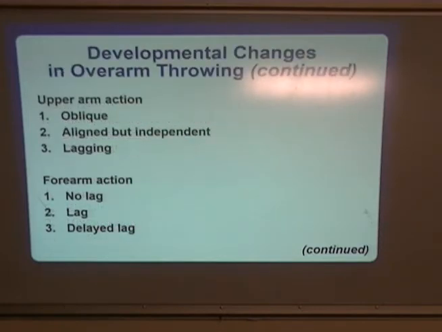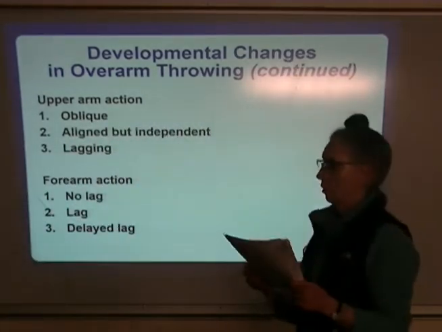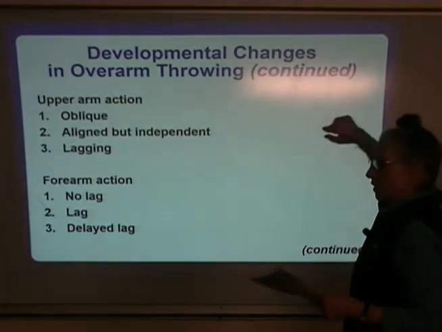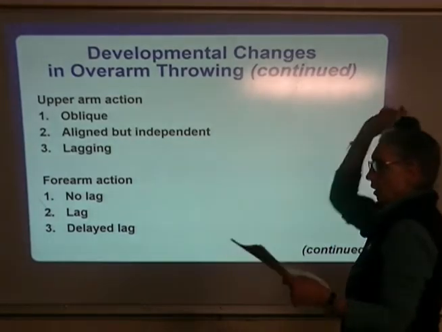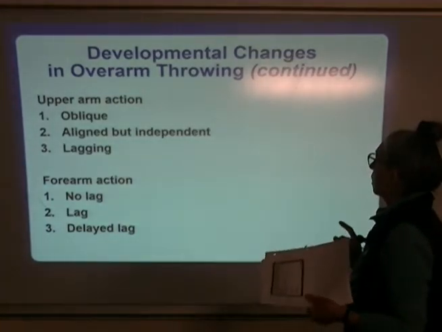Our next two components are the upper arm action and then the forearm action, right? So we've got what's happening with the humerus and then what's happening with the forearm. Right?